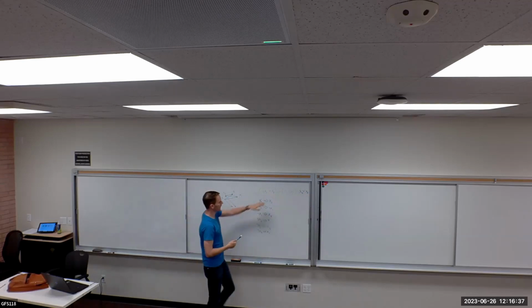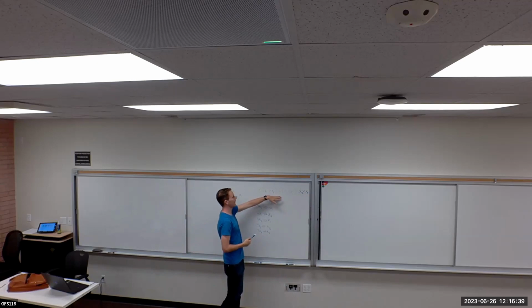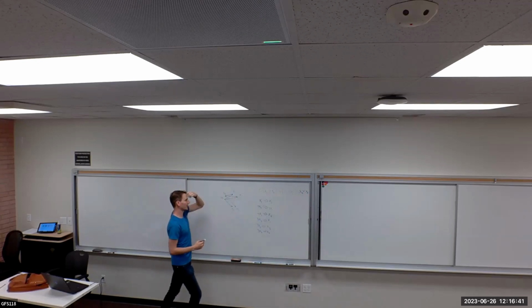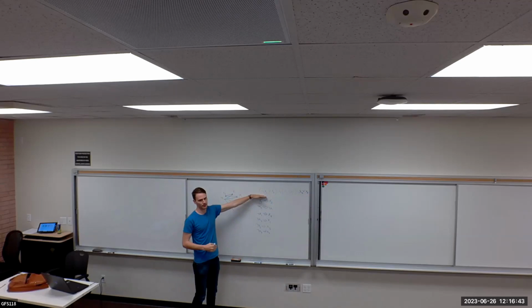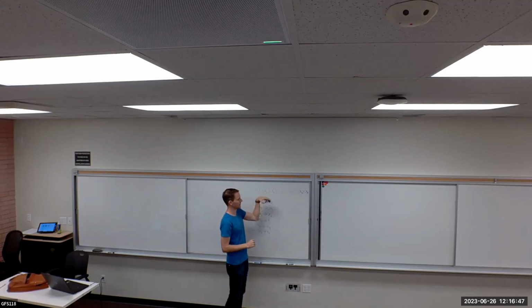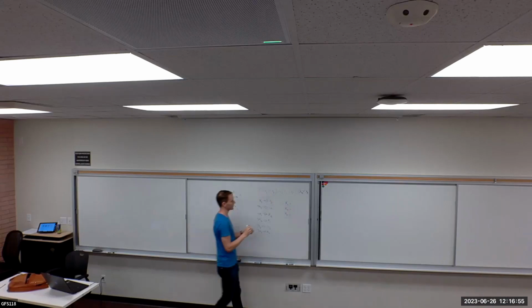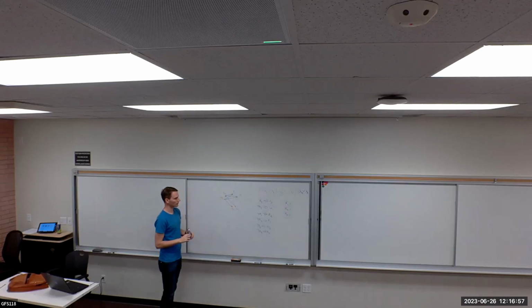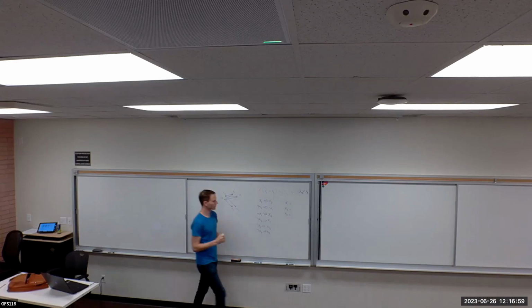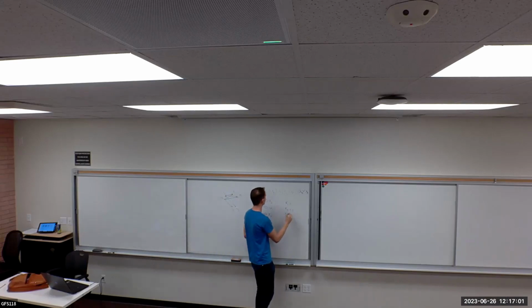Okay, I told you guys that this is satisfiable, right? So for instance, can someone give me a satisfying assignment to this formula? What should x1, x2, and x3 be? If you set x2 to be true, then do whatever you want.